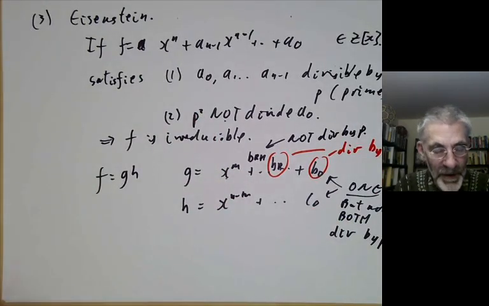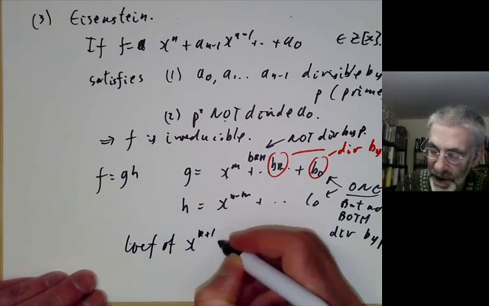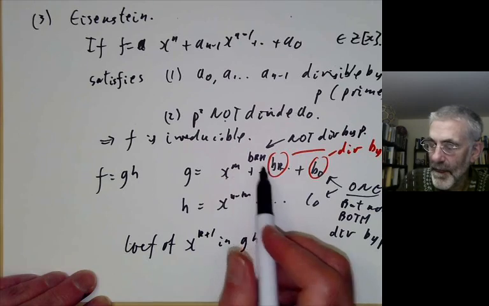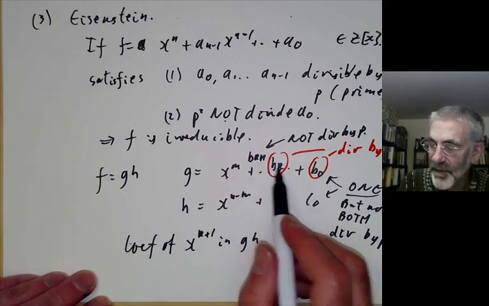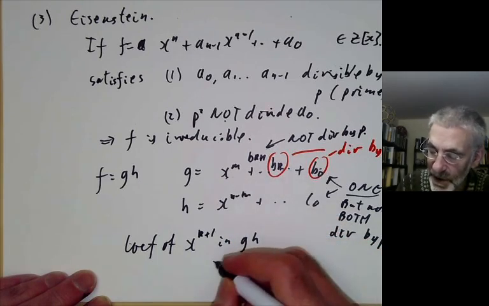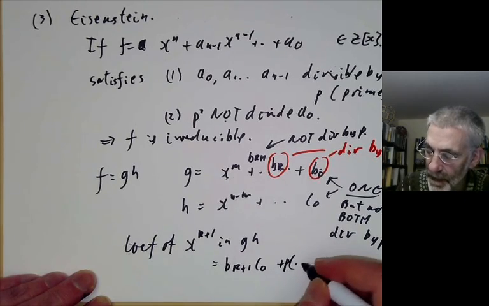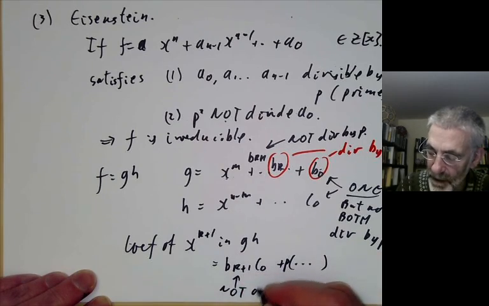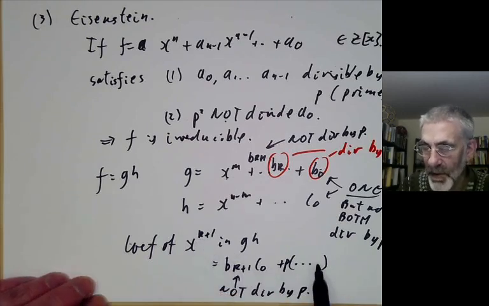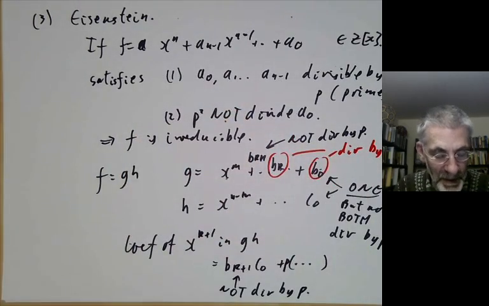And then if you look at the coefficient of x to the k plus 1 in gh, you notice that it's a sum of b_0 up to b_k times something, which is divisible by p, plus b_{k+1} times c_0, which is not divisible by p. So the coefficient of x to the k plus 1 is not divisible by p, and this contradicts the fact that all the coefficients of f, apart from its leading coefficient, are divisible by p.